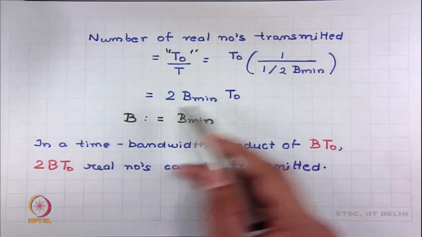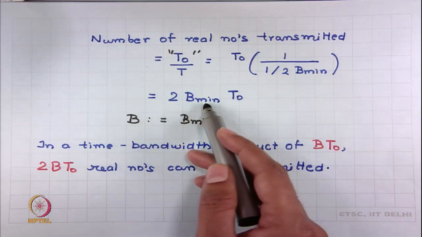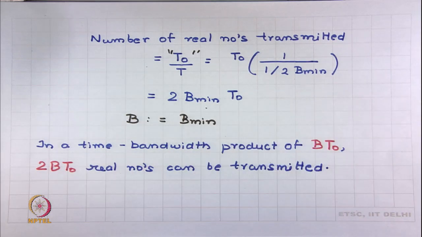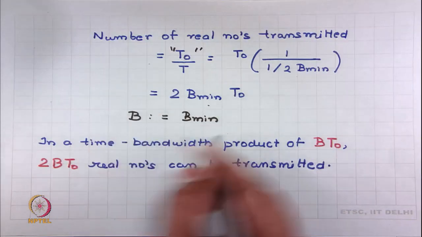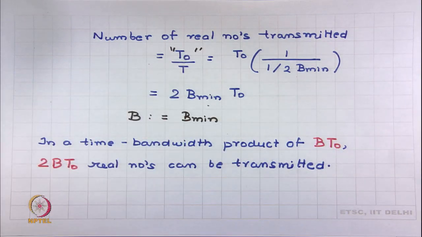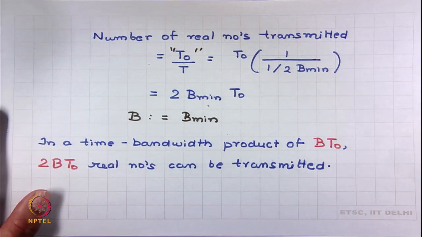So, from this we get that the number of real numbers that would be transmitted is 2 B minimum times T naught. It is always very hard to talk about this B minimum, so we would replace B minimum with B. B you should understand as the minimum bandwidth that would be required in our modulation scheme. All right.